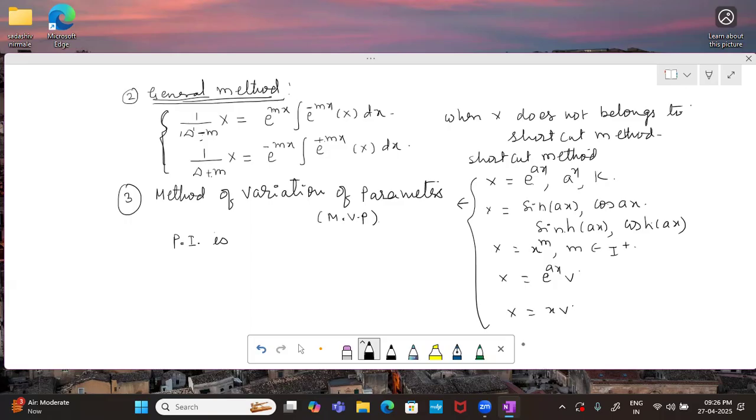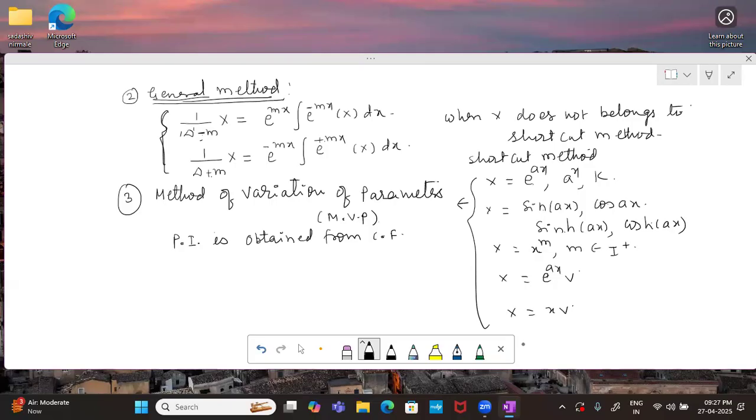So PI is obtained from the complementary function. In the complementary function, we have the two constants C1 and C2. By varying those constants, we find the PI.